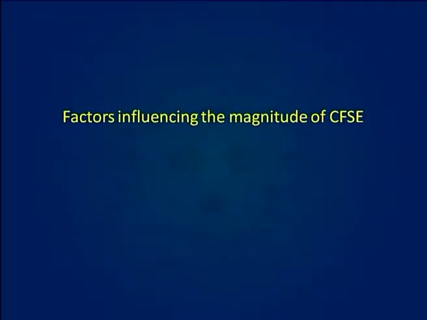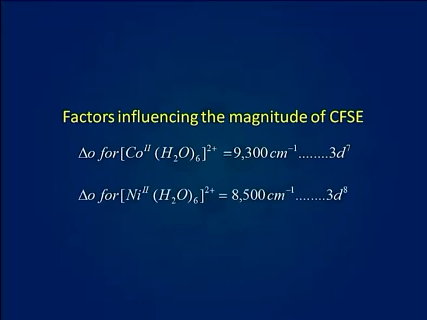For example, you can see the Δo value is greater for cobalt 2+ than for nickel 2+. Cobalt 2+ is a 3d7 system and nickel 2+ is a 3d8 system. Both the metals have the same charges.